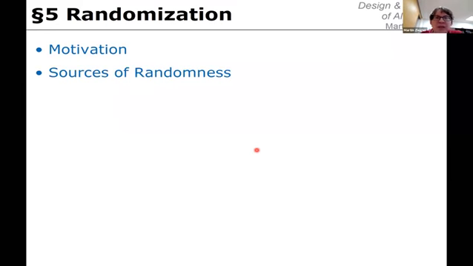And the course, chapter 5, will have the following subsections. We will motivate randomization. We will put it in context to the general computing paradigms. We'll discuss sources of randomness. We will learn about the difference between Las Vegas and Monte Carlo algorithms.